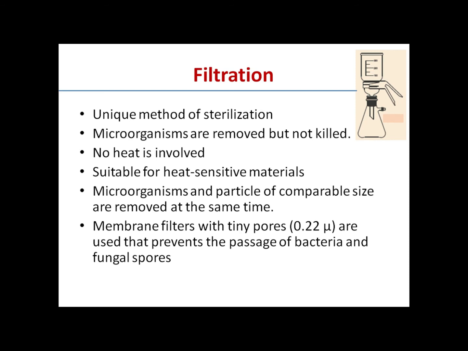So if the size of the pore in the filter is 0.22, the bacterial cells will not be able to pass the membrane filters, and the fungal spores will be larger than the bacteria. So these membrane filters with the pore size of 0.22 micron will exclude both bacteria and fungi. So in the filtrate, we will only get sterilized material free from microbes, free from bacteria and fungal spores, that can be used further for other works.